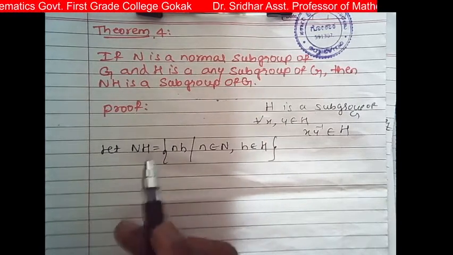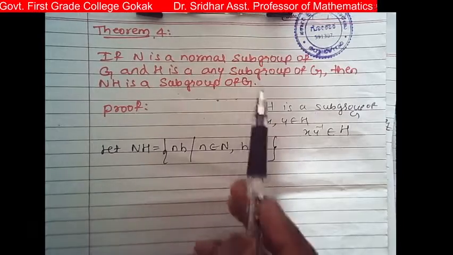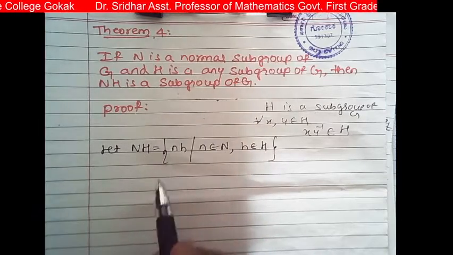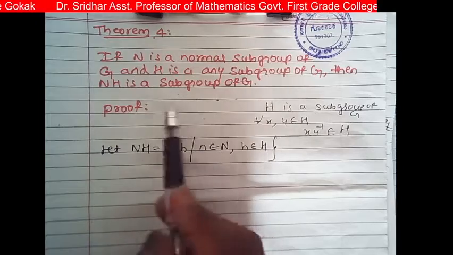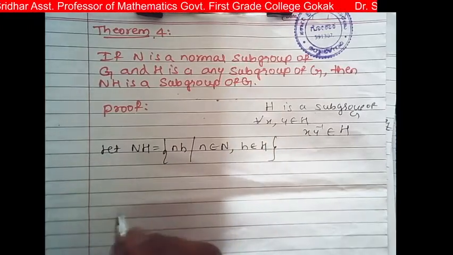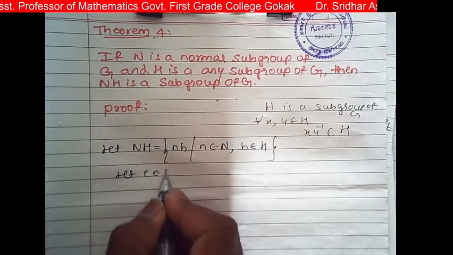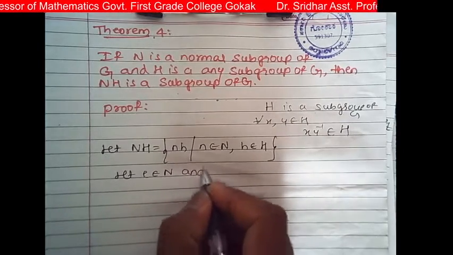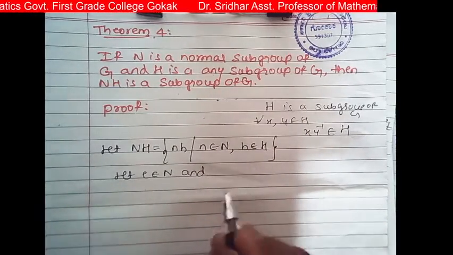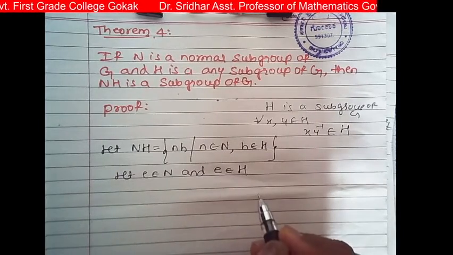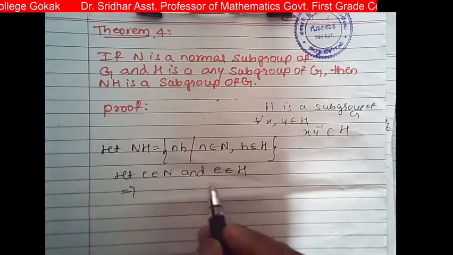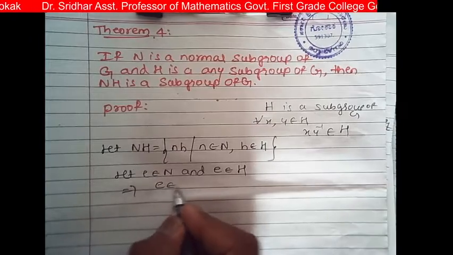N is a group means there exists an identity element, so let e belong to N. H is also a subgroup, so it also contains the identity element, so let e also belong to H. When e belongs to N and e belongs to H, then e also belongs to NH.